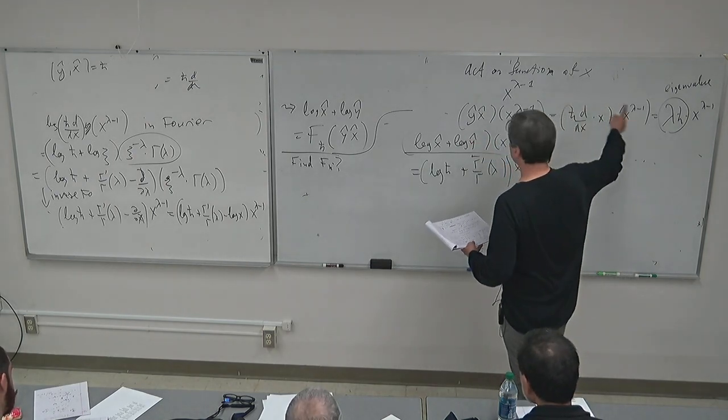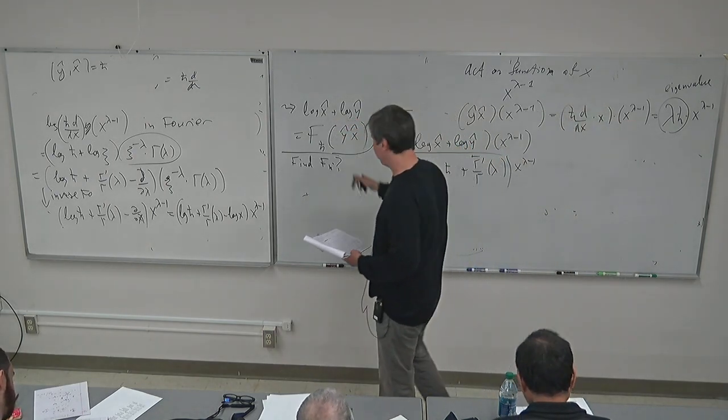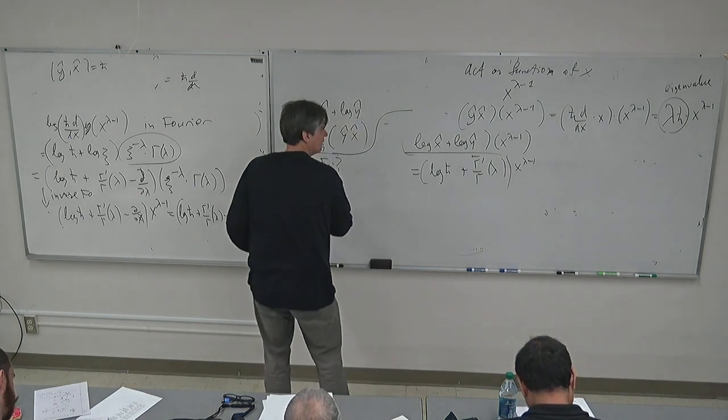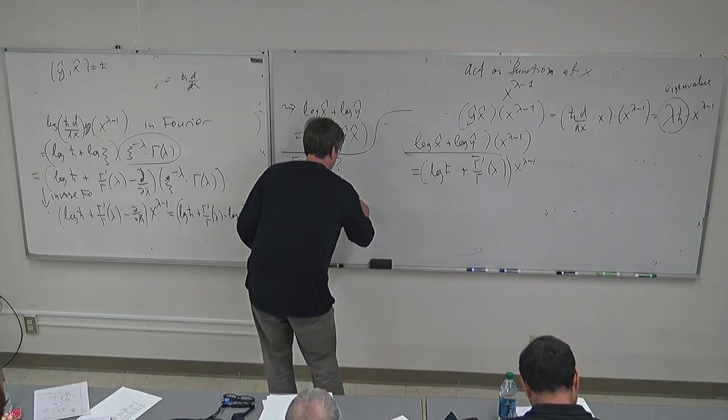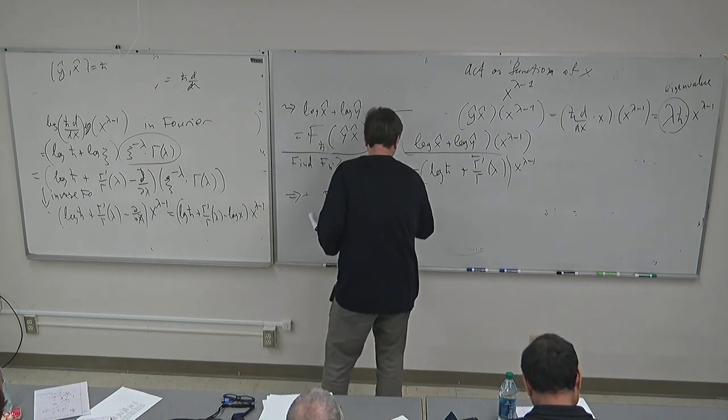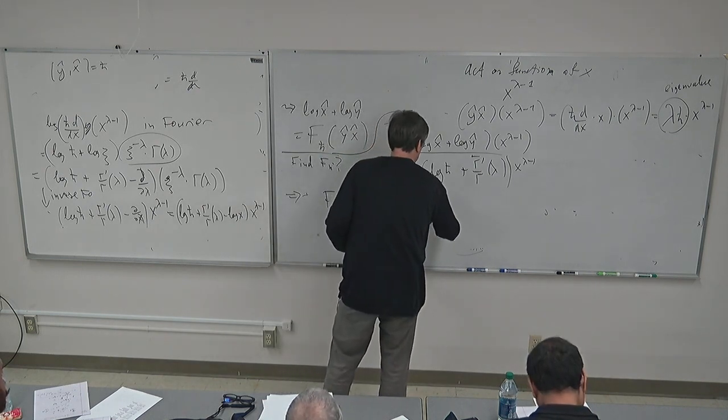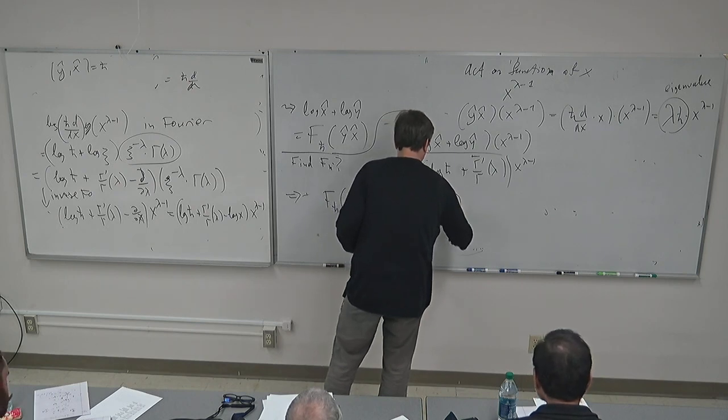And now from this identity, we know about this function. So the conclusion is that f h bar of lambda h bar is equal to log h bar plus gamma prime over gamma of lambda.